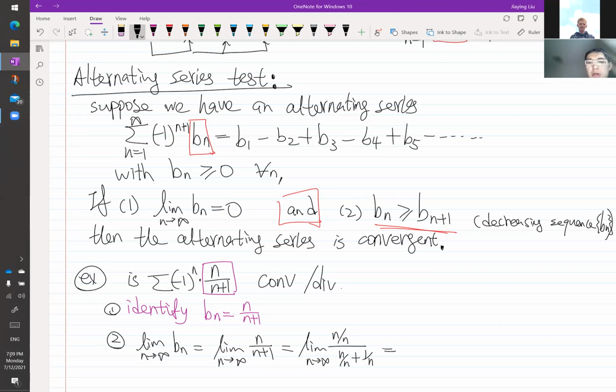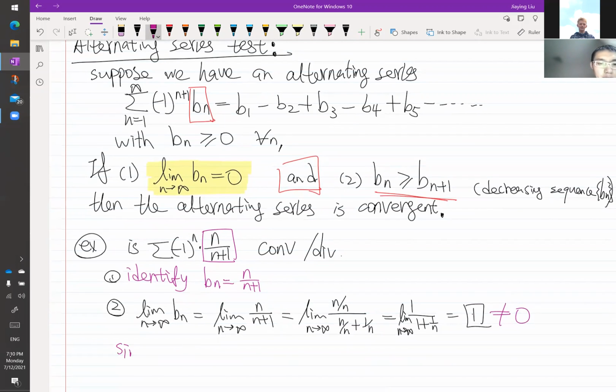The numerator becomes 1, and the denominator is 1 plus 1 over n, but as n goes to infinity, we just have 1 over 1, which is 1. So that's the limit of bn. But if you go back to the test, it says that the limit has to be 0. Here we found the limit is 1, so this limit is not equal to 0. The first condition is already not satisfied, so we don't have to go to the second condition.